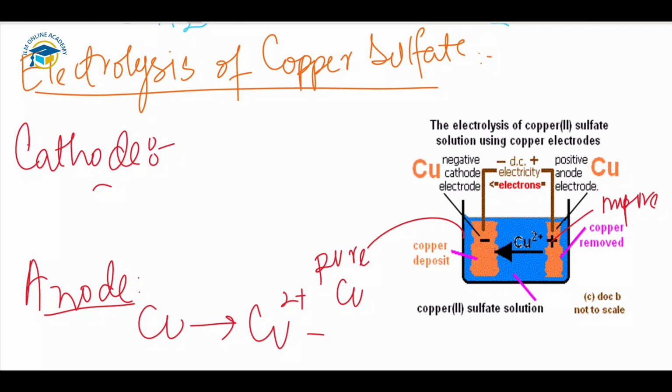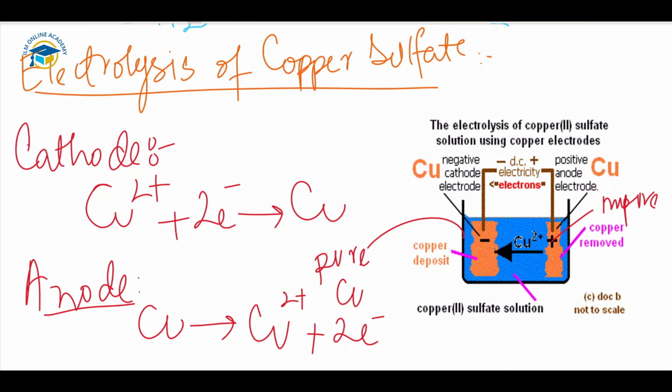This is the reaction that happens at the anode. And at the cathode we have copper ions that take the electrons from the cathode and form copper metal.